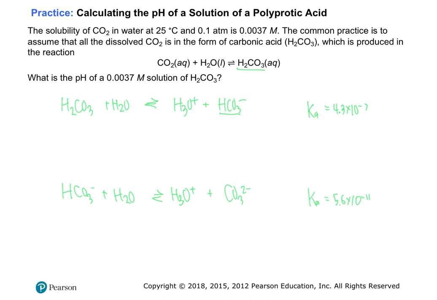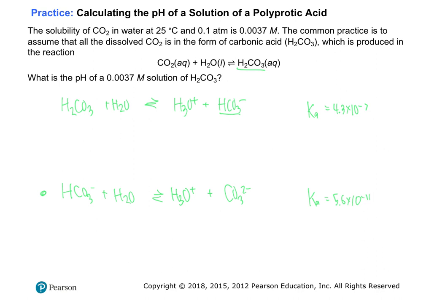So if I take those two numbers and divide them by each other, I see that I have a difference of about 7,700. So this tells me that I don't have to worry about the second reaction, the second dissociation, when I calculate my pH.